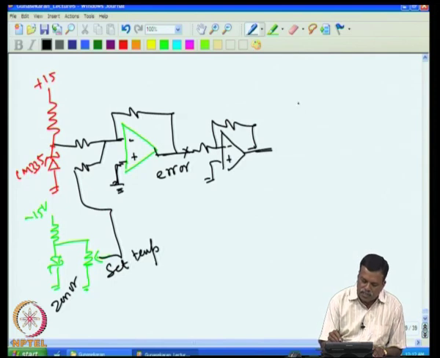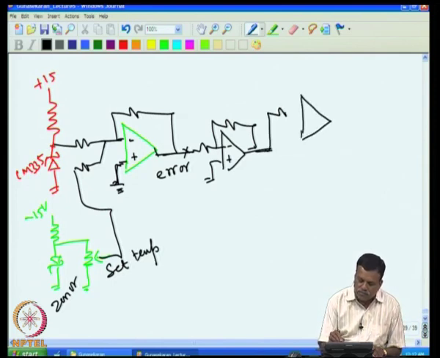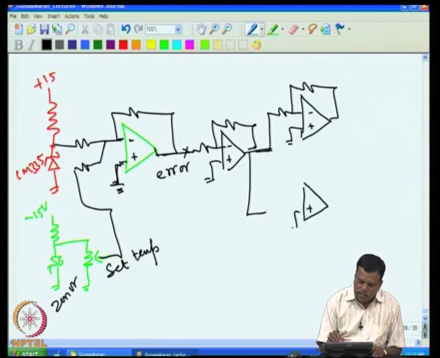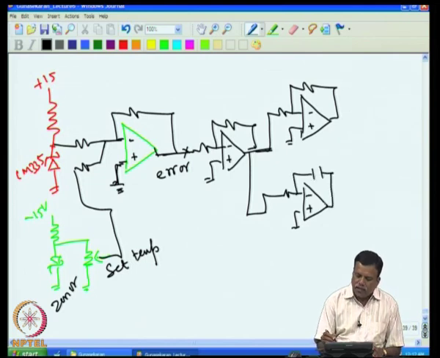What you do is give this to a proportional stage, and then we also give it to the so-called integrator stage. So, here we will just connect the integrator. Now, we sum these two voltages.